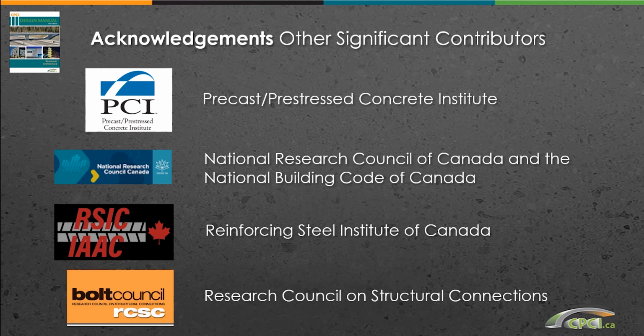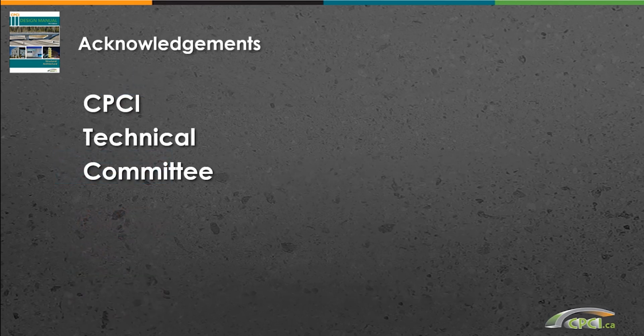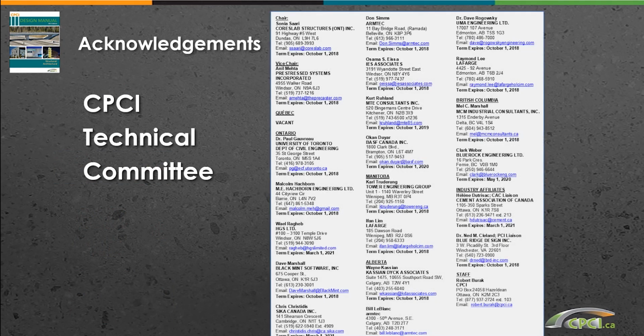Most importantly, we would like to acknowledge the CPCI Technical Committee for their continued oversight during the process of the development of this manual and contributing the necessary funding through their annual budget approvals. And finally, Deb Stover from Image Media in Sterling, Virginia, for her excellent attention to layout and design of the manual.